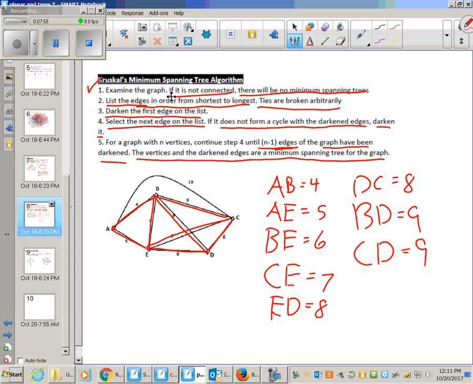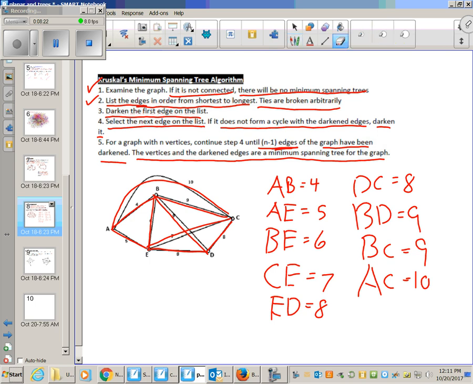Oops, not CD, DB and BC, my bad. And then our last edge is AC with weight 10. So step 2 has been completed. We listed all the edges from lowest to highest.